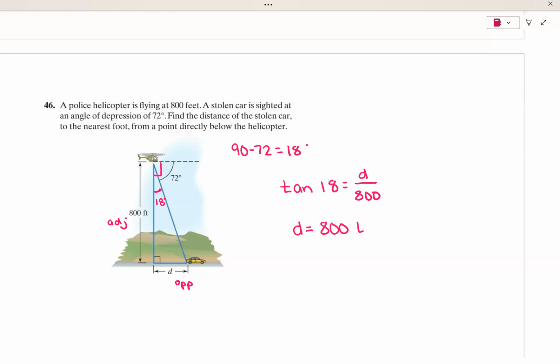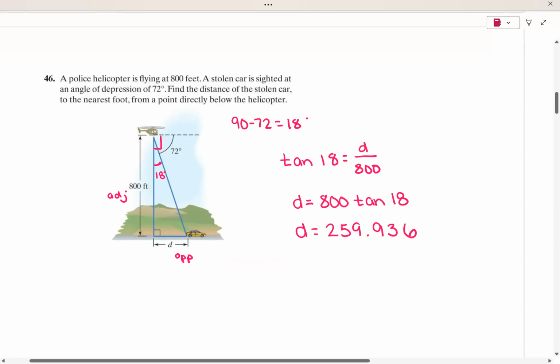So 800 times tangent of 18 degrees, and we get 259.936. It says to the nearest foot, so we're going to say approximately 260 feet.